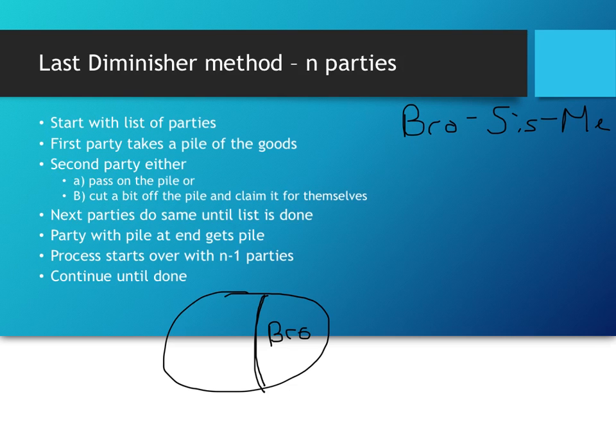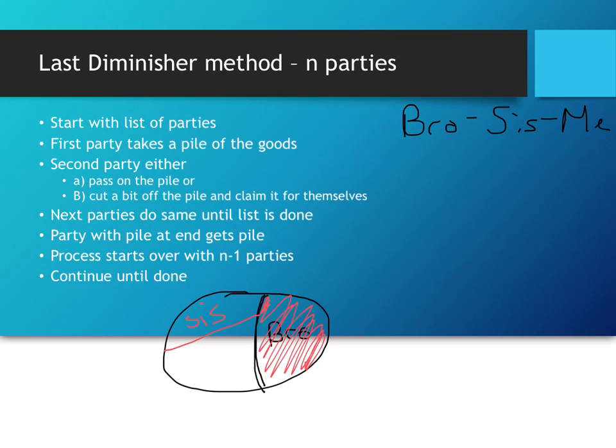And so you start over. After, let's say, my brother wins this pile, that pile's gone, and now my sister gets to cut and say, well, I think this is 1/3. And I either can kick her out of that pile, or she thinks it's 1/3 of the total at least, or 1/2 of the remaining. So I can either kick her out of the pile or cut a bit off and claim it for myself.